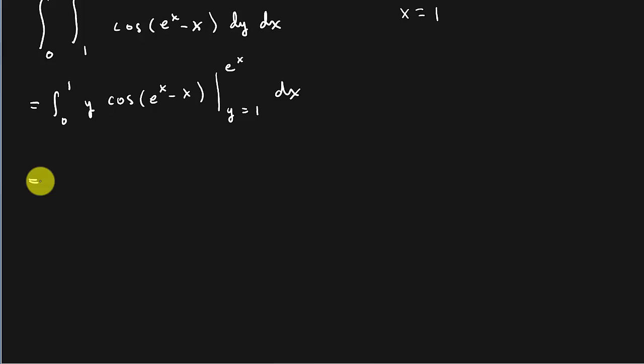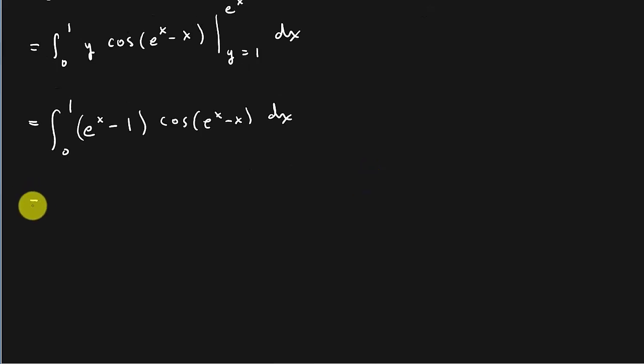Now we plug e to the x in for y, minus the 1 in for y, times that constant, dx. Hopefully you can see how we're going to integrate this, and it makes it a lot easier.